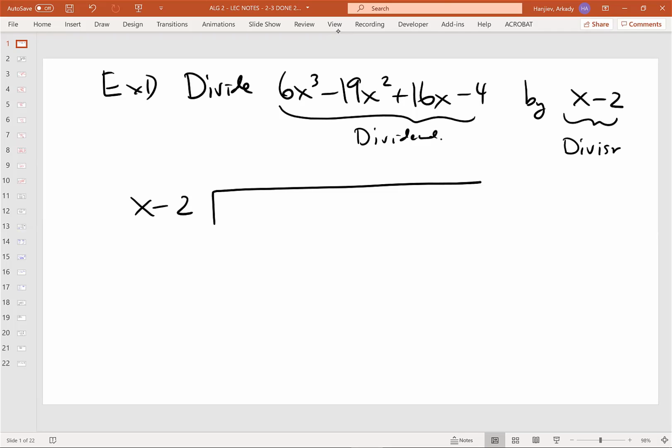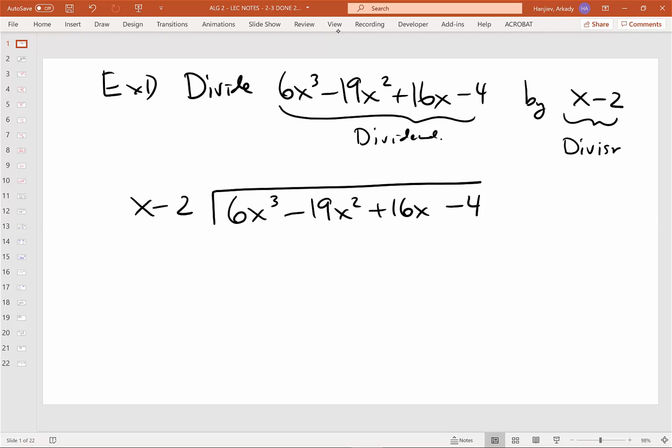What needs to happen here? These guys have to be in order from the highest exponent to the lowest, and it can't be missing any. We'll do a few where things are missing in just a bit here. But for starters, there it is. We got the x to the third has to go first, followed by x squared, followed by x, followed by our constant term. There it is. Okay, let's start.